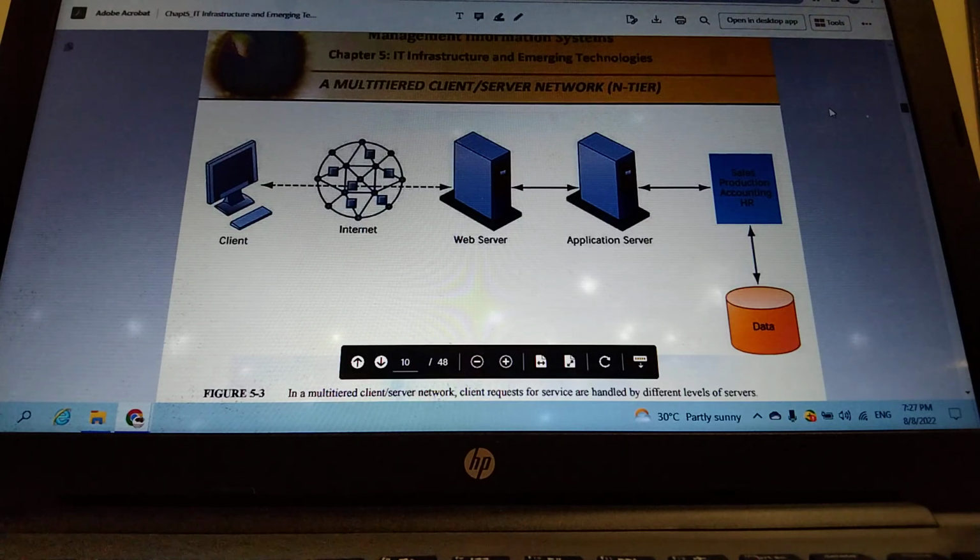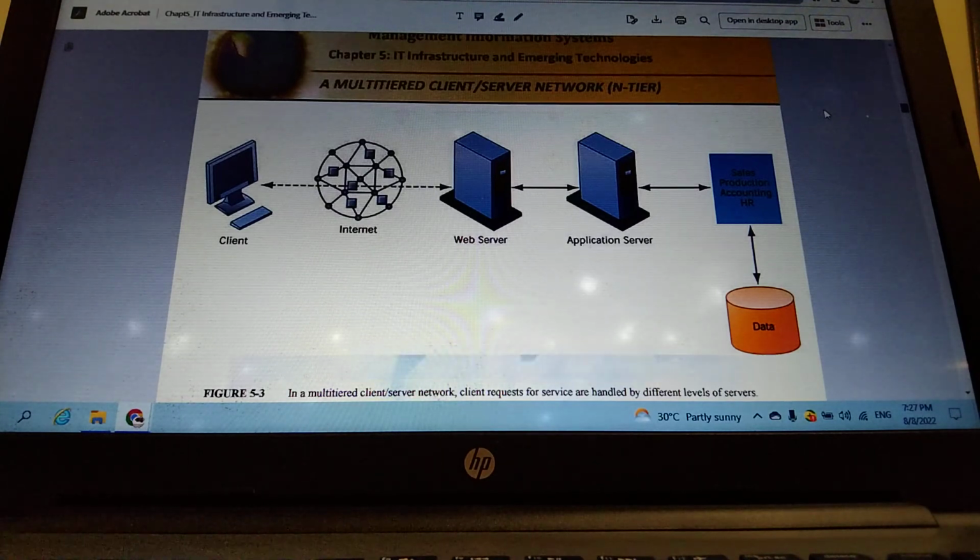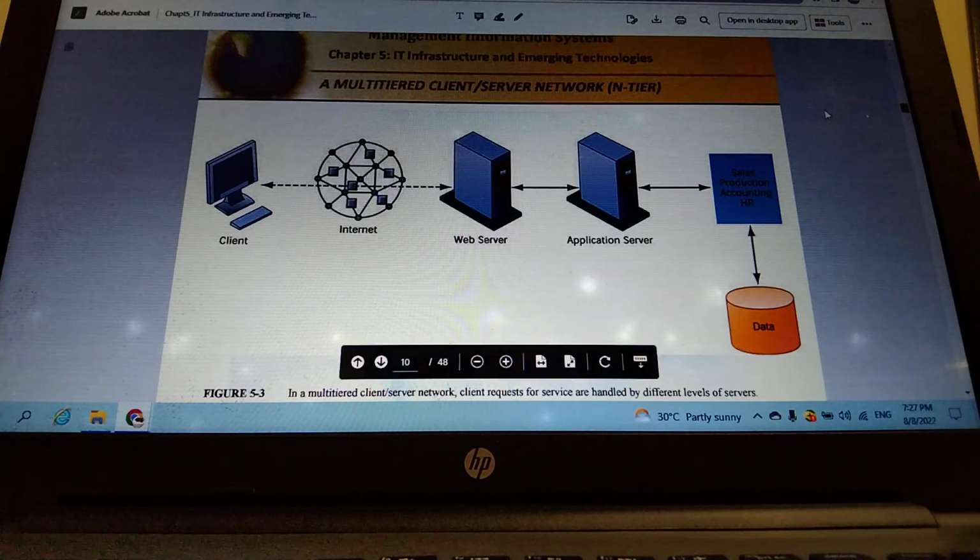The next slide shares with us what we call a multi-tiered client-server network, or N-tier, where on your left-hand side is you, the client, connected to the internet, and then the internet infrastructure is connected to the web server.